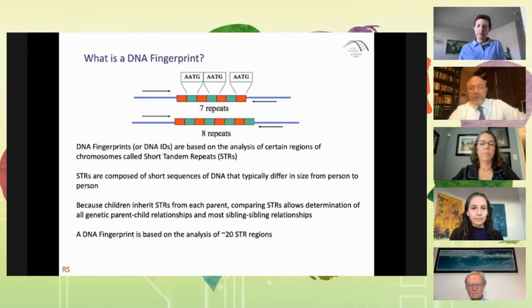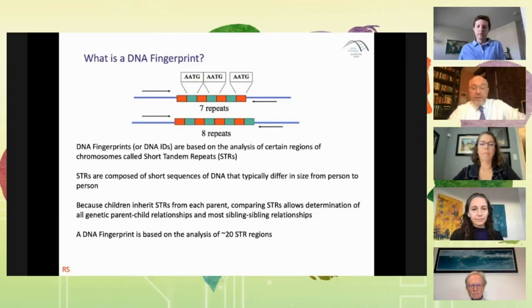These repeats are found throughout the human genome, and they're composed of short repeated sequences of DNA that typically differ in size from person to person. You can see on the top of the slide, schematically, an STR region of the chromosome. You can see 4 of the DNA letters or bases, A, T, and G, are repeated several times, 7 times on the top chromosome and 8 times on the bottom.